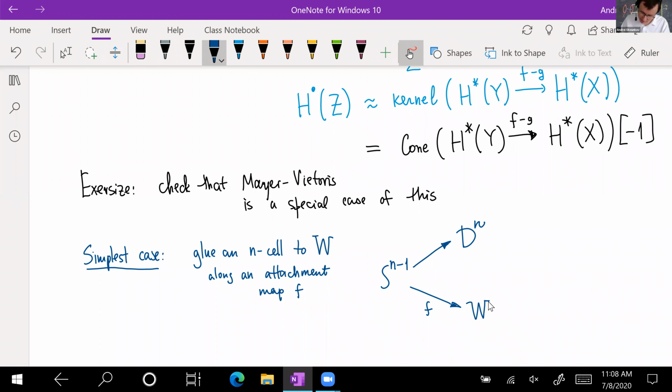And so the result of this gluing is the colimit of this diagram, which just means a pushout. So this is W with the cell glued.